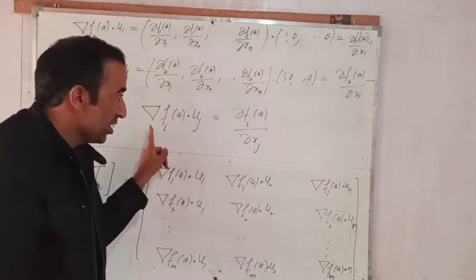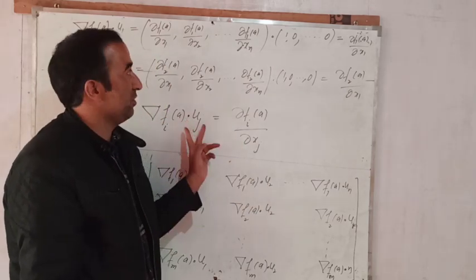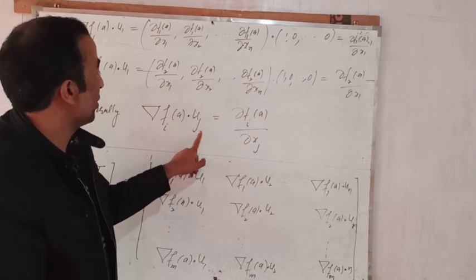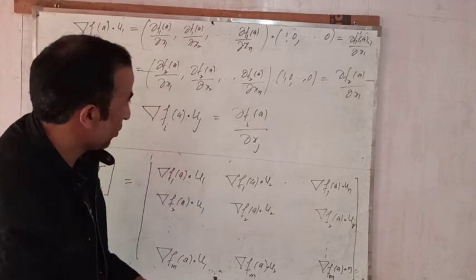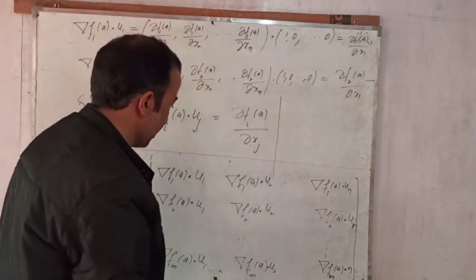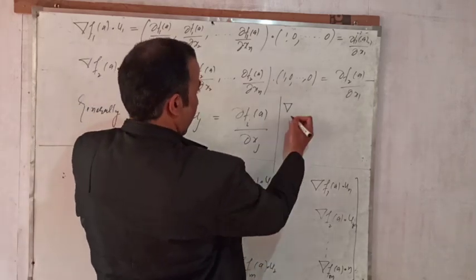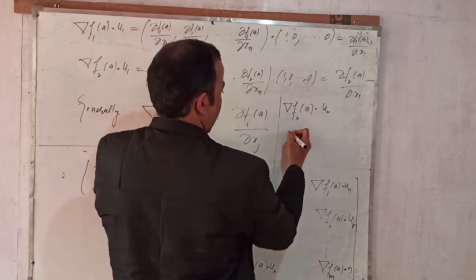Function ith, j corresponds to this vector uj. You can verify this. When i is equal to j, or you can say i is 1, j is 1, you have this. Let me evaluate delta of f2 at a dot u2.